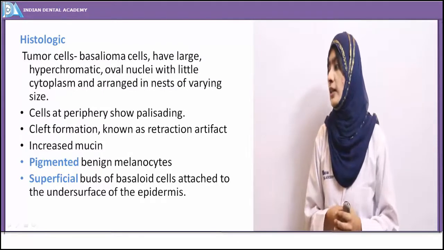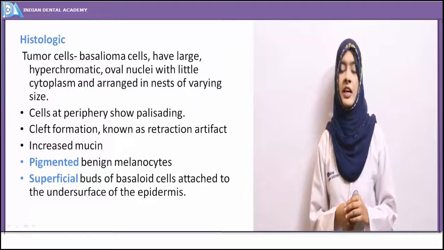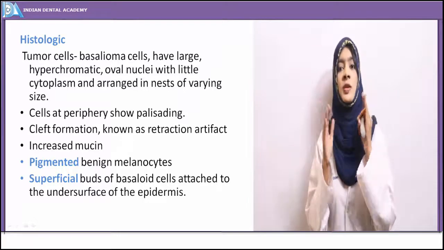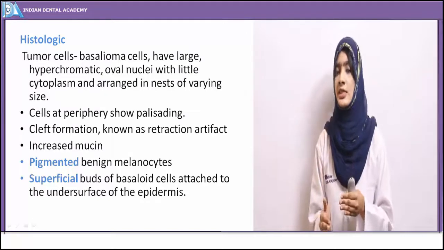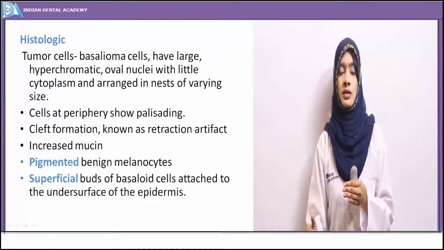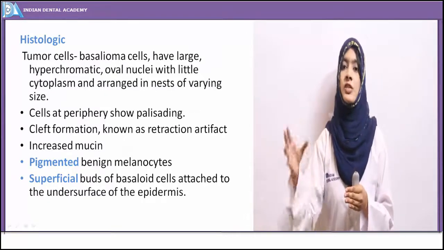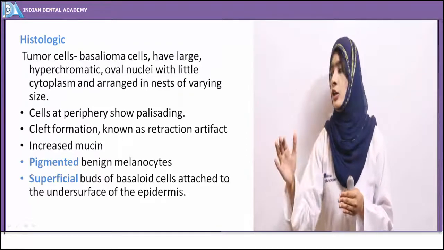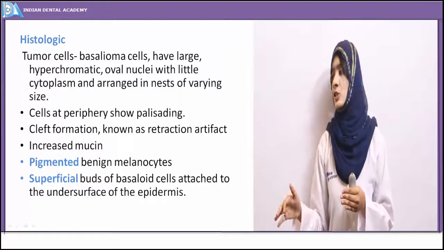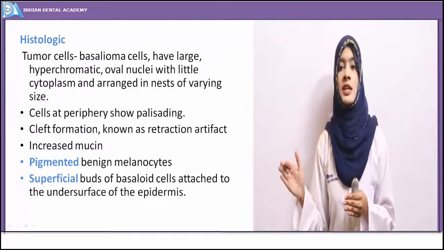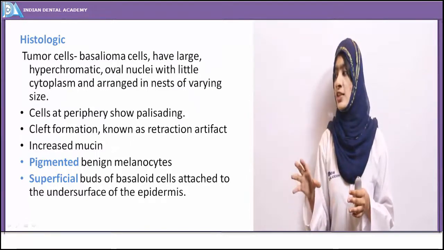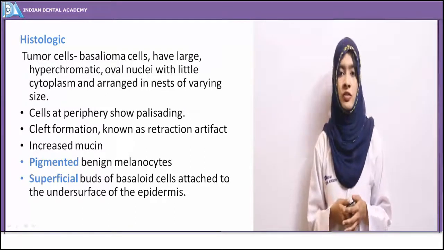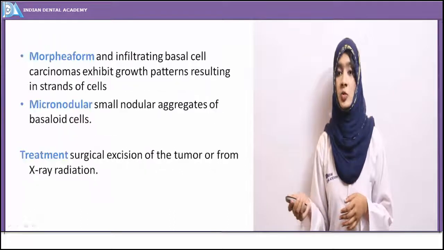And the pigmented variety of basal cell carcinoma, as the name indicates, shows the presence of benign melanocytes in the epithelial cells, giving the characteristic formation of melanin granules, and thus leading to the deep brown or dark brown color of the nodular basal cell carcinoma. The superficial basal cell carcinoma shows buds of epithelioid cells, and the epithelioid cells are just attached to the underlying surface of the dermis, thus giving the superficial appearance.